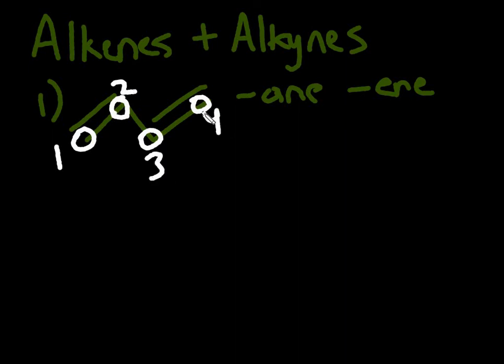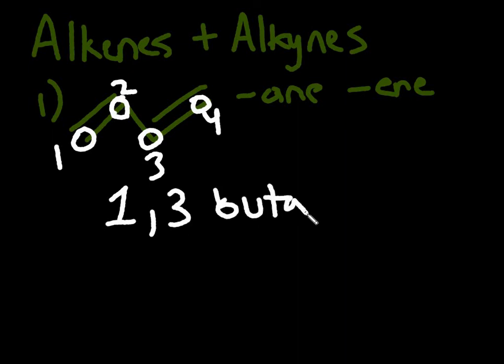From the 1 to 2, we have an alkene, so this will be 1. And then starting at the third carbon, we have the alkene. So this will be 1, 3, buta, and there's 2 alkenes. So it'll be butadiene.